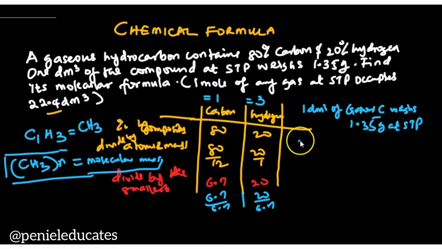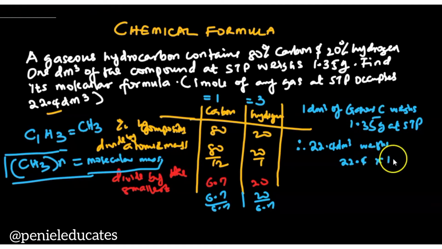Now, what does 22.4 dm cube of the same gas weigh? Because 1 mole of any gas at STP occupies this. So for us to find the relative molecular mass of the compound, we must say: 22.4 dm cube of the same compound, what will it weigh at STP? It will be 22.4 multiplied by 1.35 divided by 1.